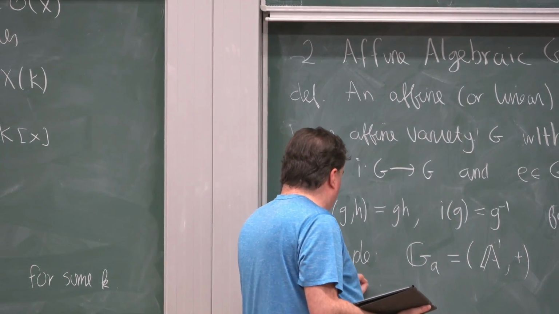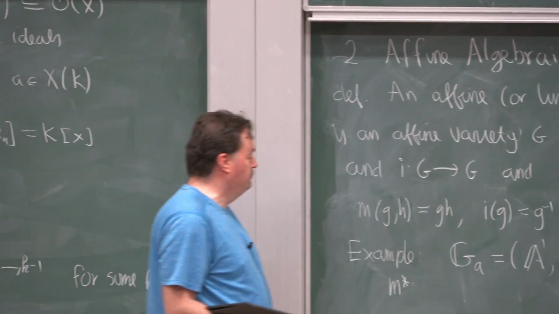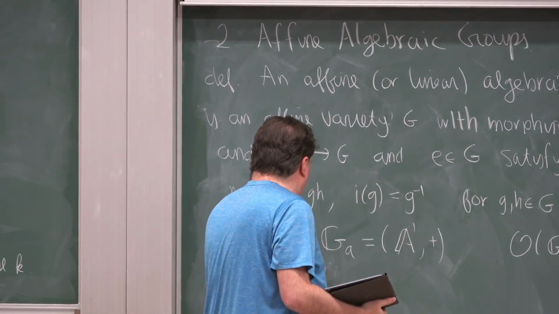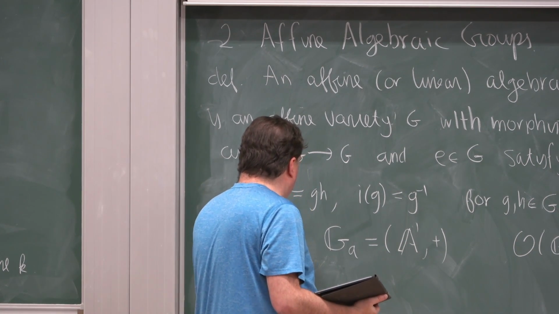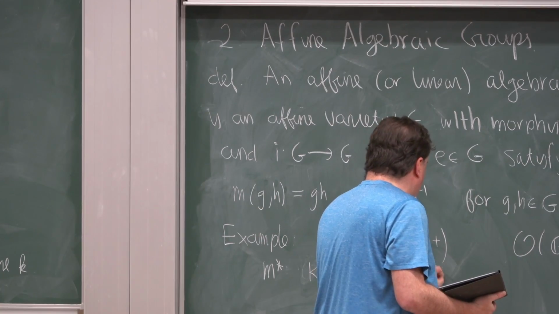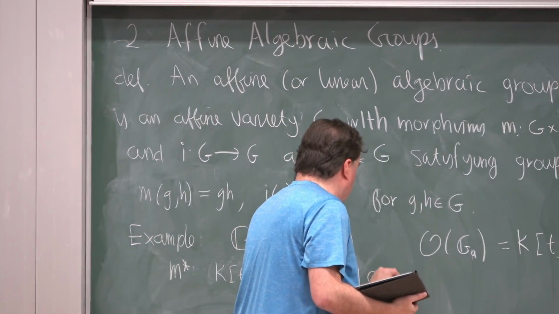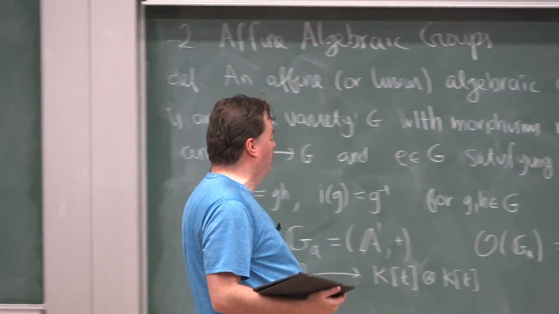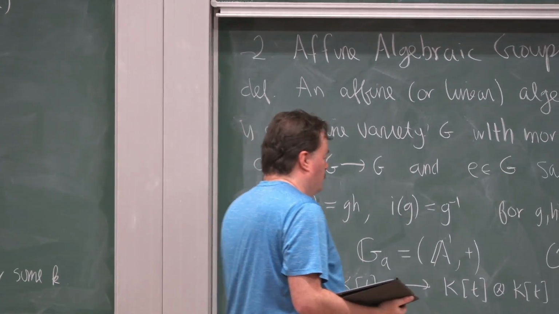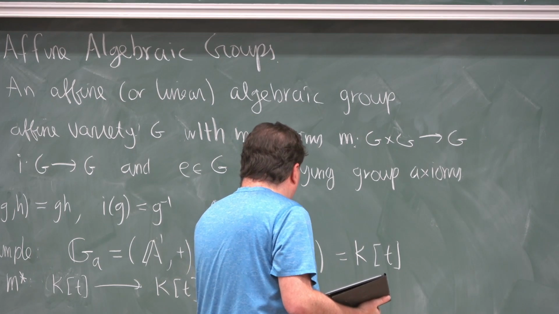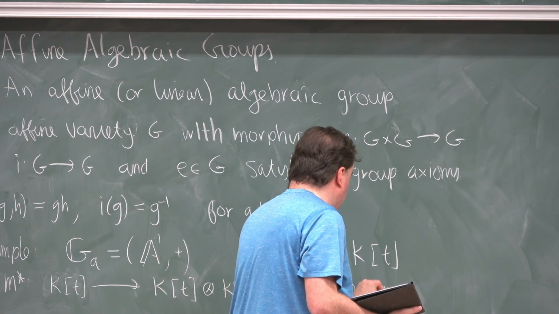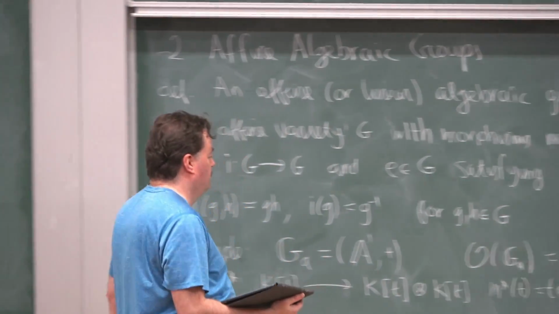So in terms of ring homomorphisms, or algebra homomorphisms, this multiplication is a map from K[T], like a homomorphism from K[T] to the tensor product, right, which is a polynomial ring in two variables. And M star of T is T tensor 1 plus 1 tensor T, right?